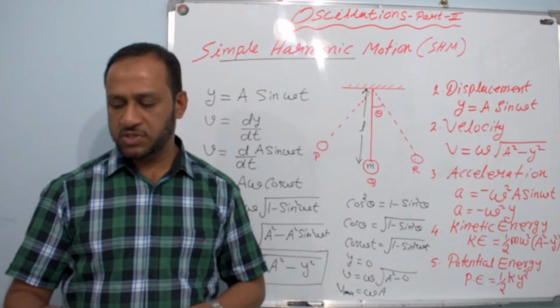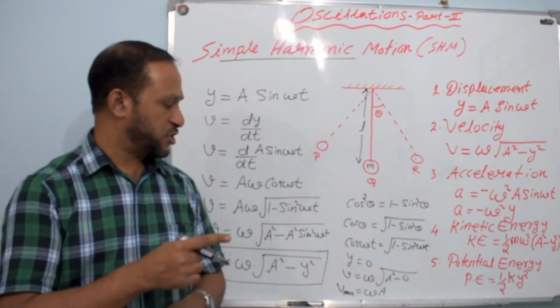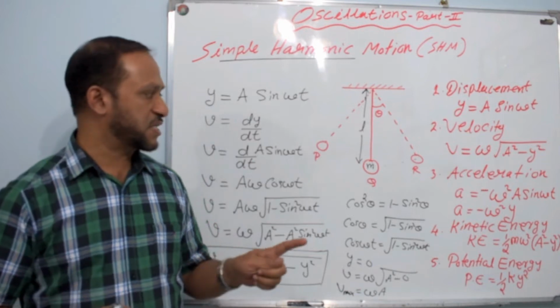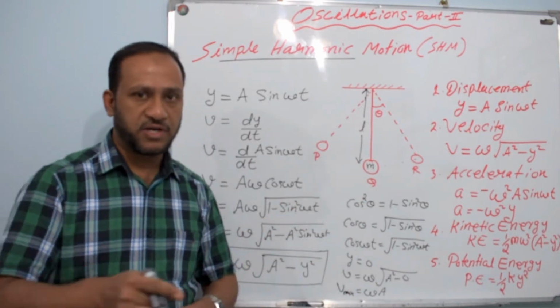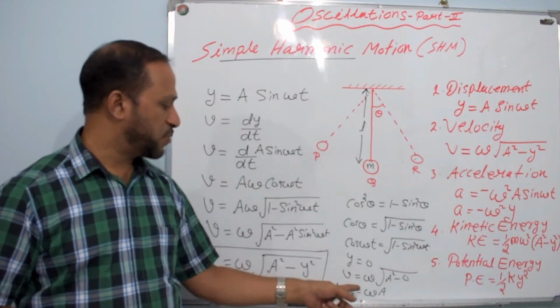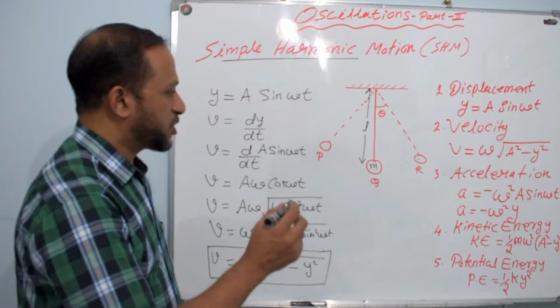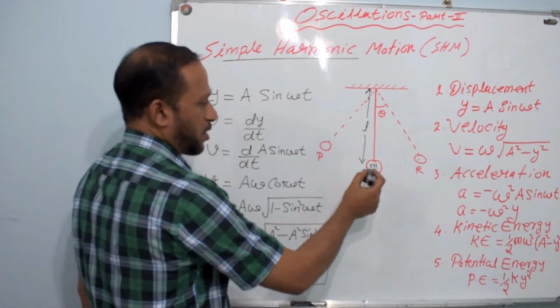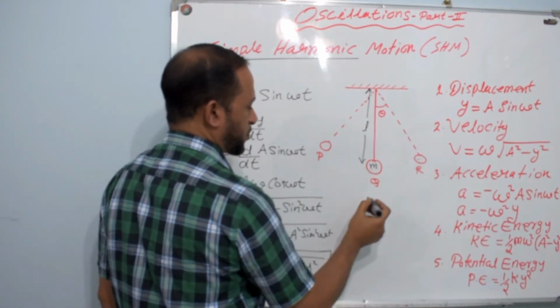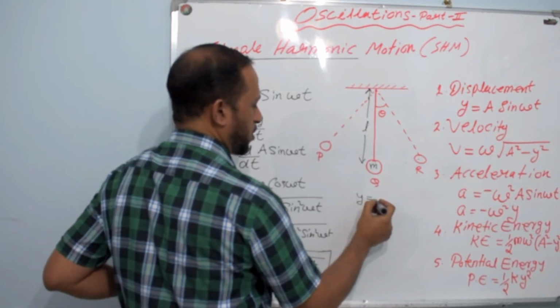So when a simple pendulum oscillates in between two extreme positions, its velocity will be maximum at the mean position. While it's oscillating, maximum velocity will be at the mean position, that will be equal to omega into a. Now, at the extreme position, when the bob reaches here, its displacement y is equal to a.